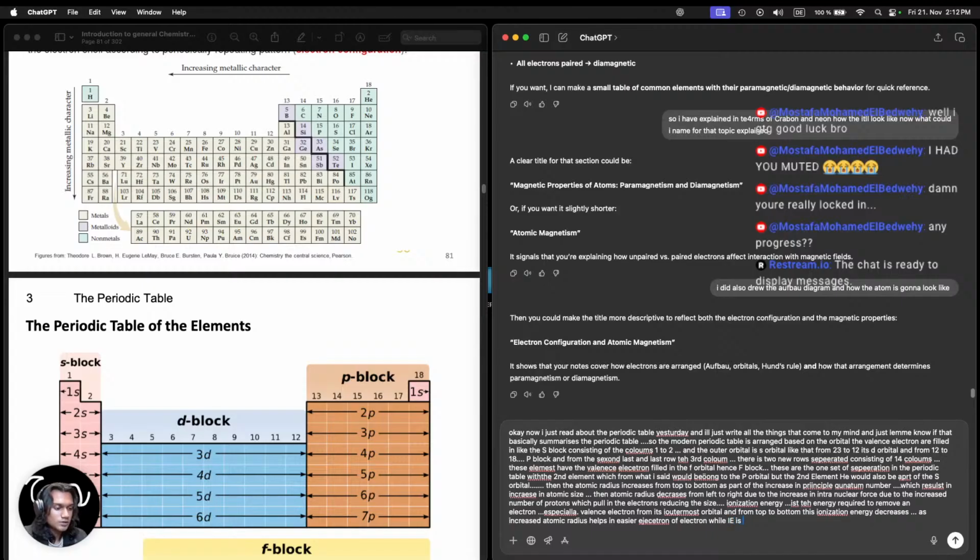IE is opposite for left to right. Think. What was it?